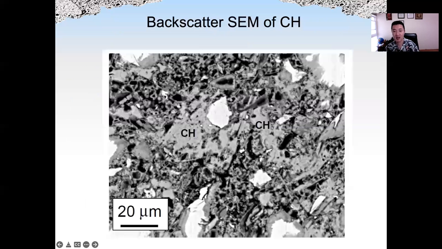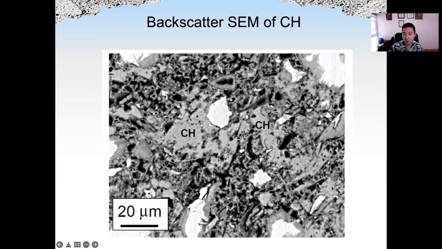So calcium hydroxide, as we can see from here, is also very bright. It is actually the second brightest phase in the SEM picture of hydrated cement. Okay. Again, the brightest color is unhydrated cement.